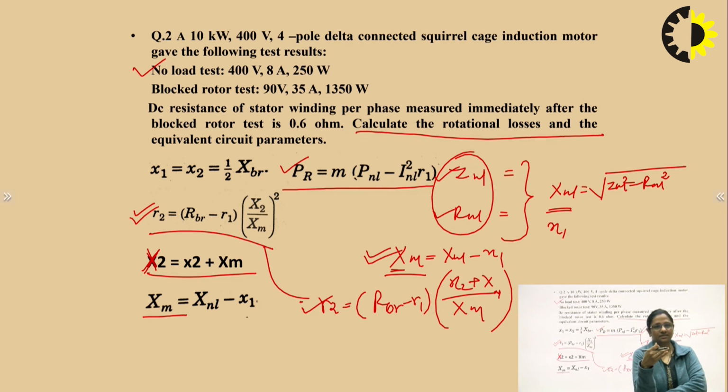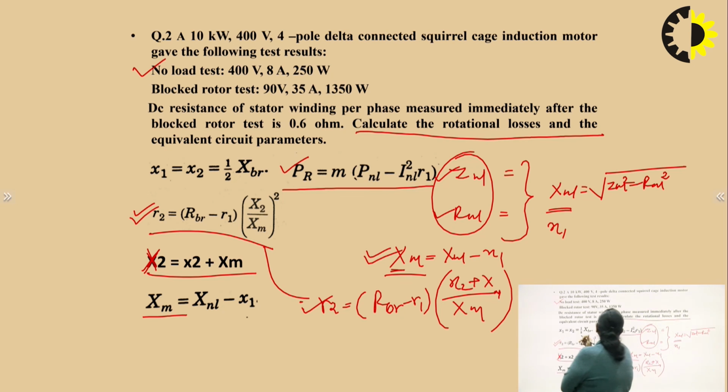What is the reason? The reason behind this is the no load current of three-phase induction motor is quite high. It is 30 to 50% of its full load current, right? So we cannot neglect the amount of I square R losses taking place under the no load operating condition of the machine.